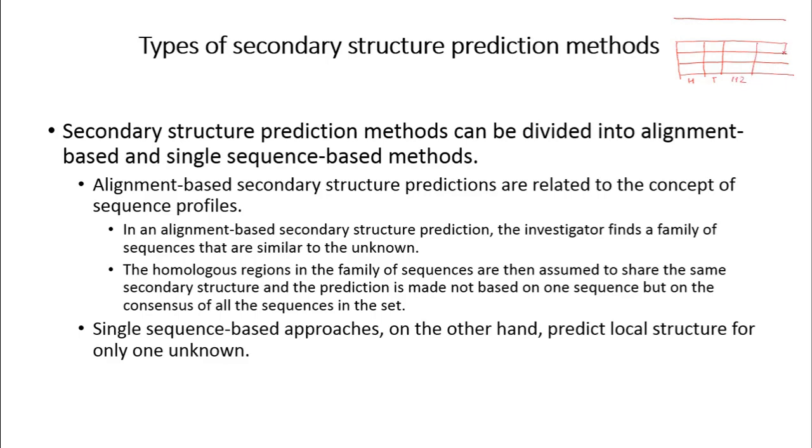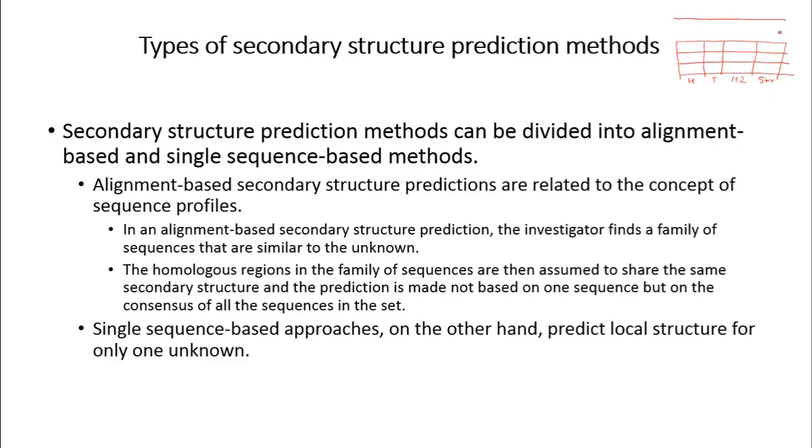Then from here to here, there is another strand, say for example. So now you know the local secondary structural states of the members present in this family.